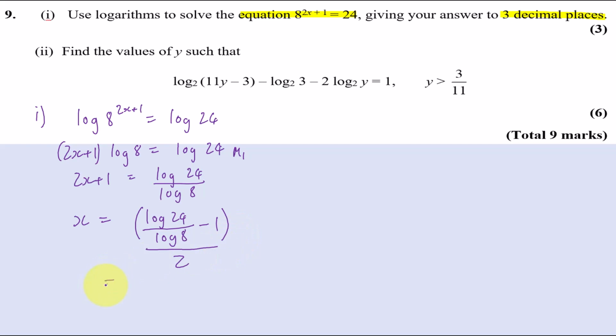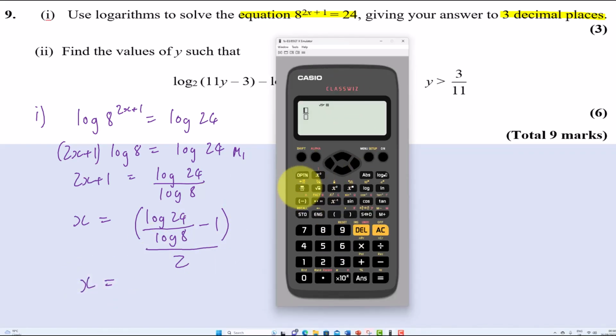Put that in your calculator to 3 decimal places. Let's just use a fraction key. Let's do a bracket, another fraction up here, log 24 over log 8, minus 1.